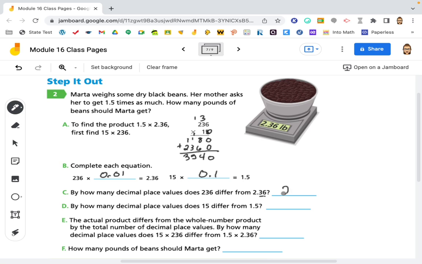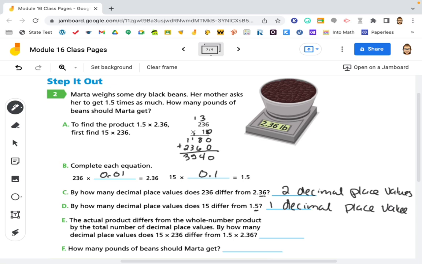Well, it would be 2 decimal place values. And then by how many decimal place values does 15 differ from 5/10? Well, 1 decimal place value.